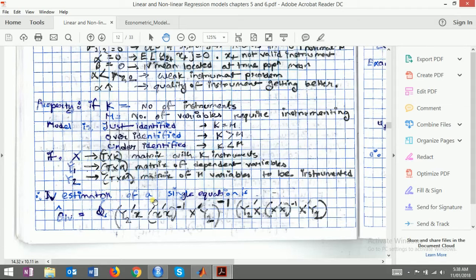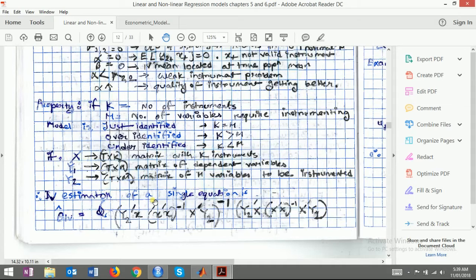If X is a T by K rectangular matrix with K instruments, Y1 is a T by M matrix of dependent variables. Y2 is a T by M rectangular matrix of M variables that are to be instrumented. So we are talking about y2 and x, not y1, because y1 is the dependent variable.